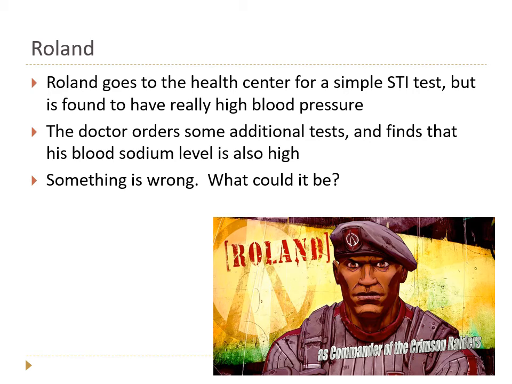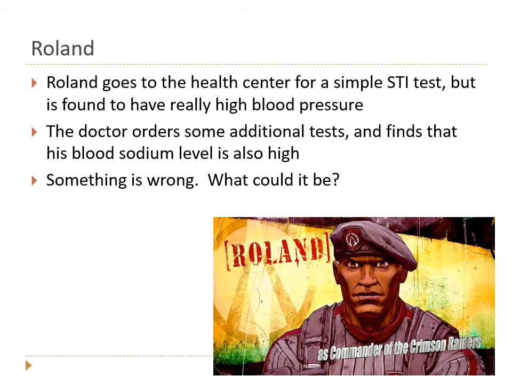So I'm going to actually order some blood tests. I'm specifically going to look at his sodium level. And in Roland, his sodium level is really high. So something is wrong. That should not normally happen. So we need to think, well, what could this be that could cause high sodium level and high blood pressure?